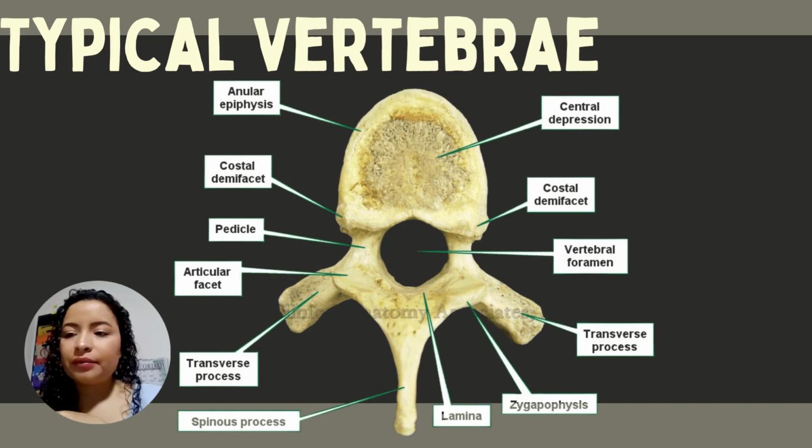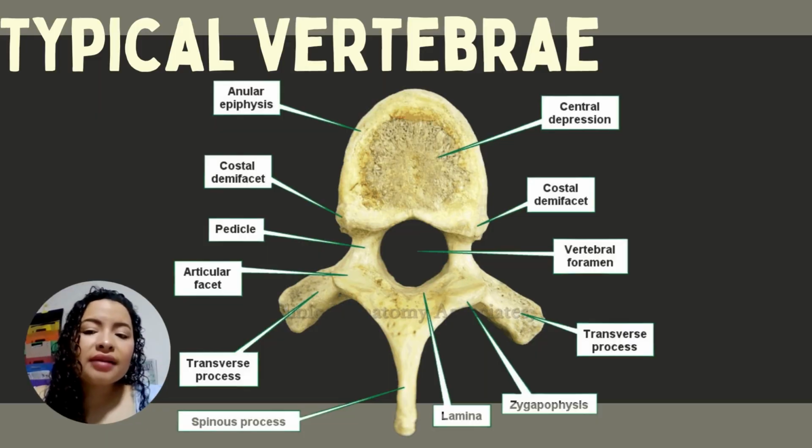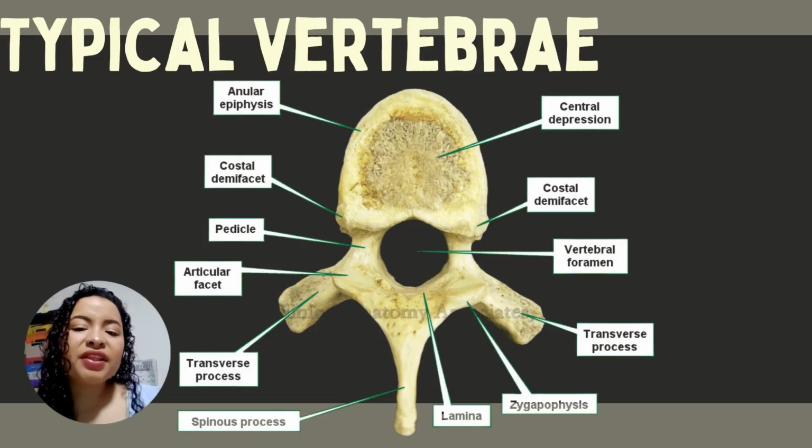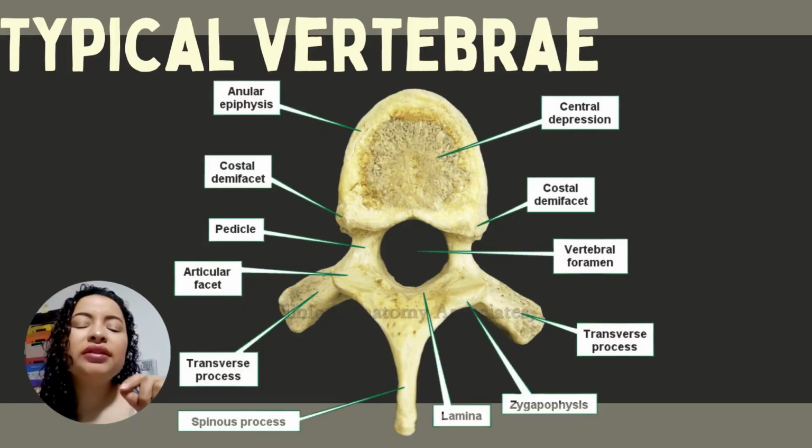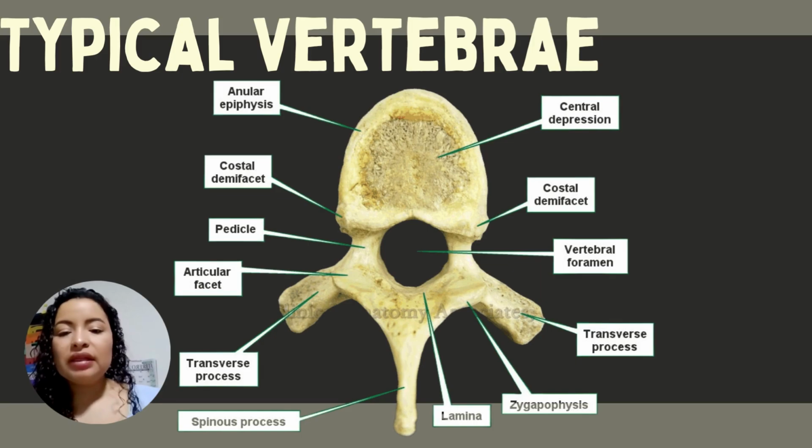Typical vertebrae. No two vertebrae are identical. Vertebrae vary in size and characteristics, especially from one region to another. However, they all share the following basic structure. The vertebral body is the large cylindrical part located anteriorly that provides strength to the spine.